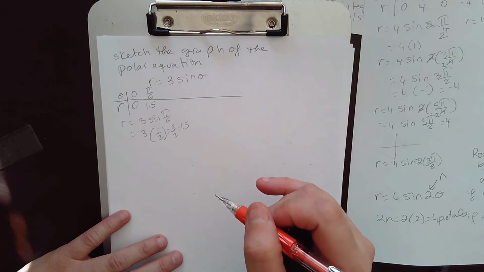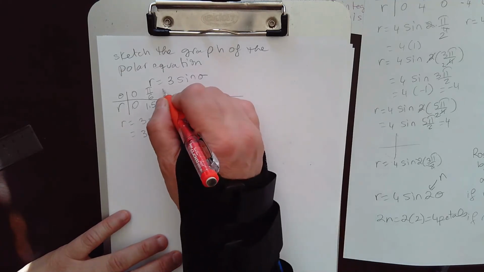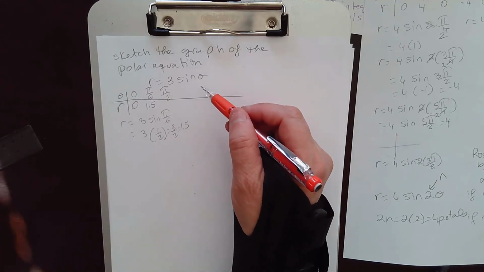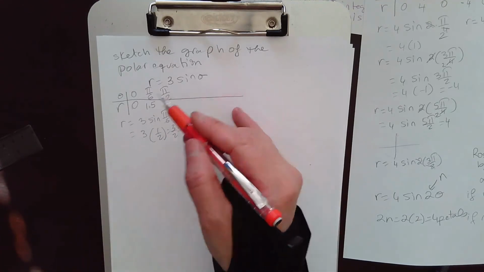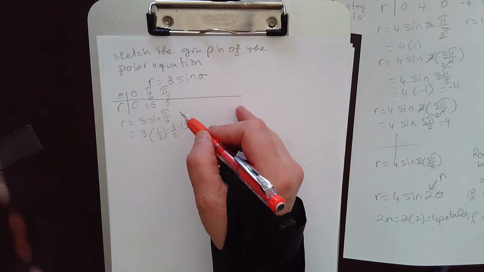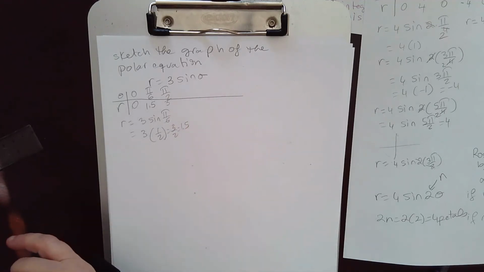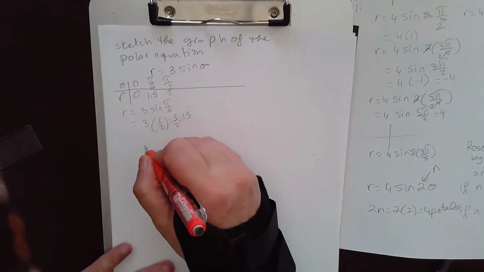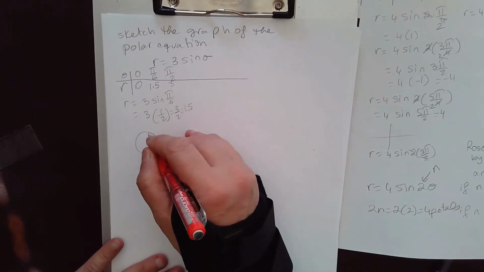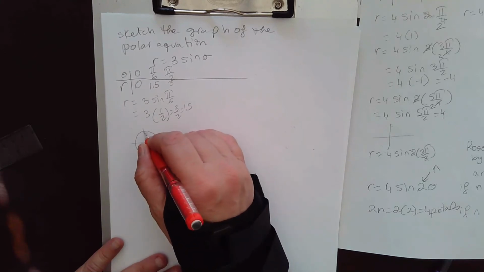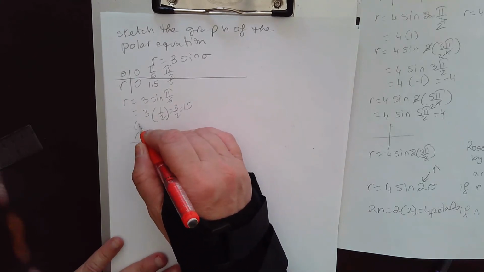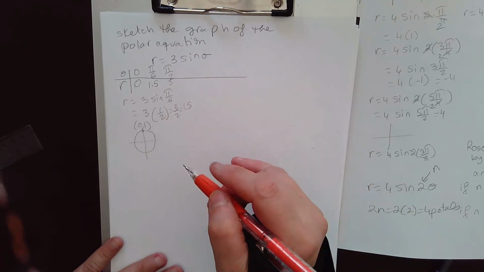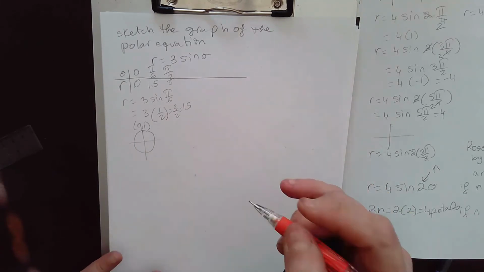Okay, so we can also select pi over 2. Sine pi over 2 is 1, right? 3 times 1, wouldn't that be 3? And if you recall the graph here, unit circle, this is cosine, this is sine, so sine pi over 2 is 1.